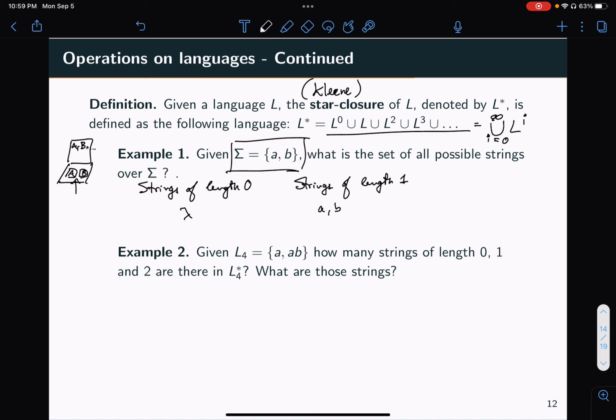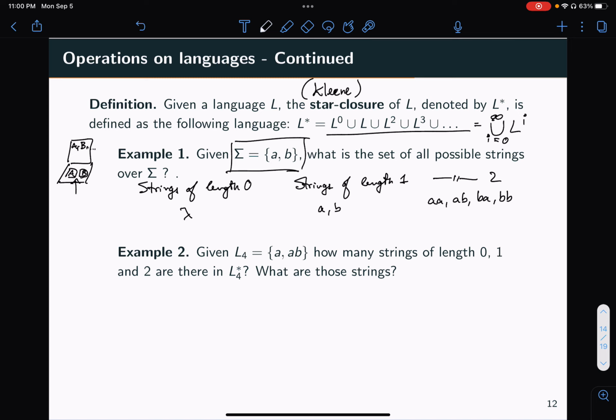So remember what I'm doing. I'm trying to answer this question: what is the set of all possible strings? And so I'm just enumerating all these possible strings, starting with strings of length 0, now strings of length 1, next strings of length 2, so that's going to be aa, ab, ba, and bb, and so on, right?